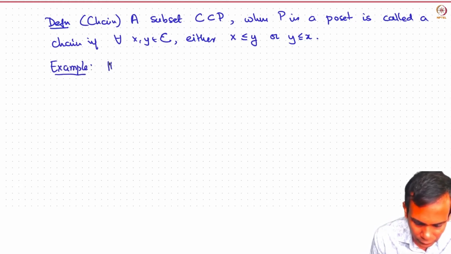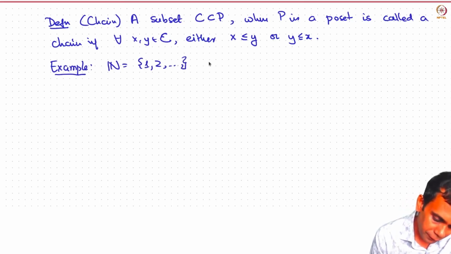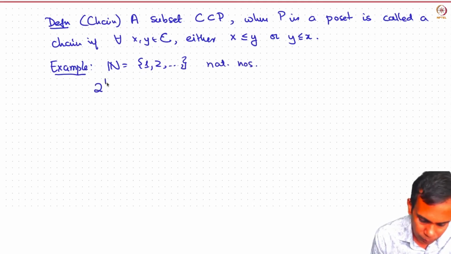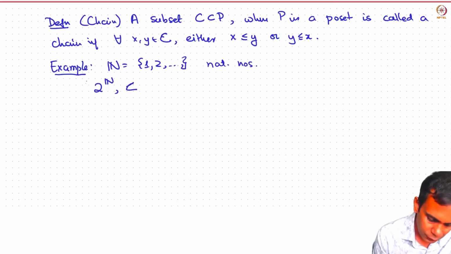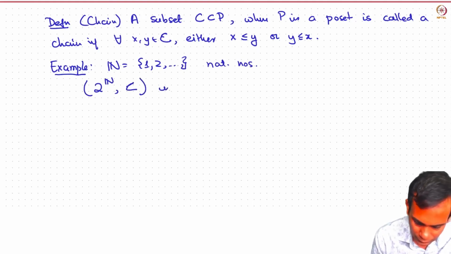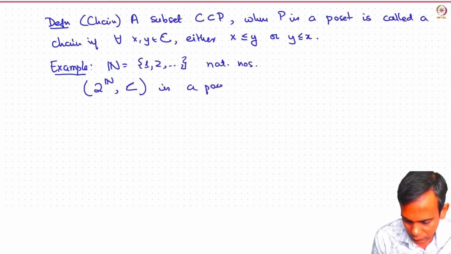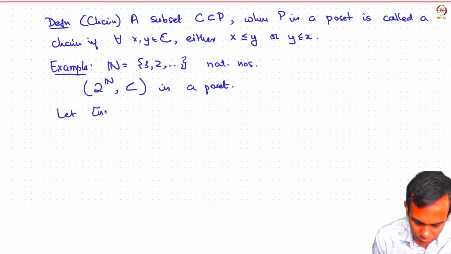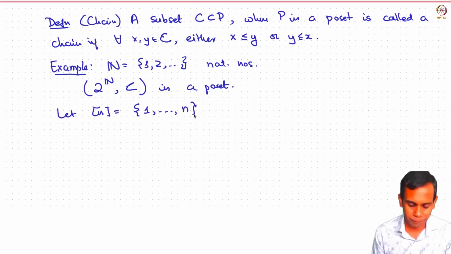Let's look at an example, or a special case of the previous example. Consider N to be the set of natural numbers, and let's look at 2 to the power N with set inclusion. So this is a poset, and let [n] denote the set, as we have in algebra 1, of all integers between 1 and n.